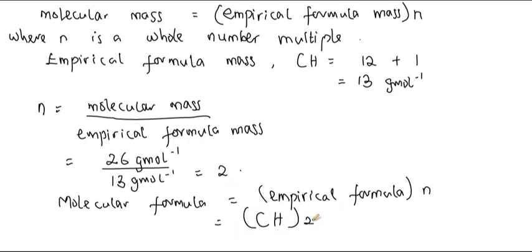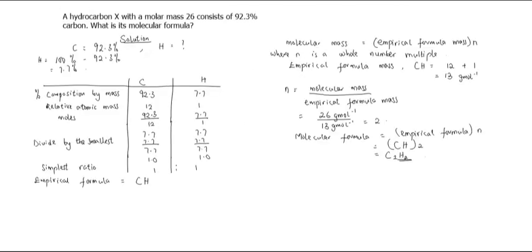So we'll be using this to multiply the subscript of each of the elements present. Here the subscript of 1, 1 times 2 is 2. Here the subscript of 1 as well, 1 times 2 gives 2 as well. So we have C2H2, and this serves as the final answer. We've just concluded the solution to the question, and we've gotten the molecular formula of the hydrocarbon X to be C2H2. That will be all.